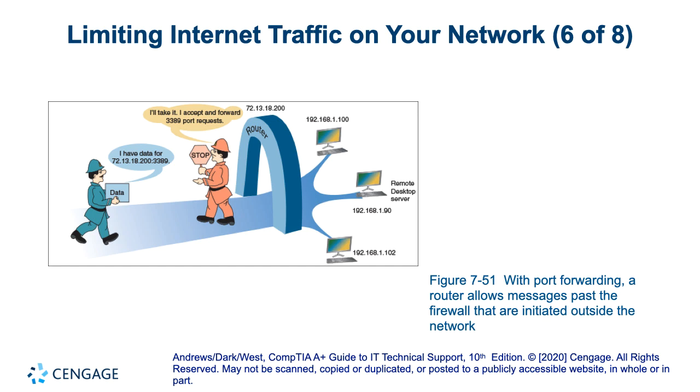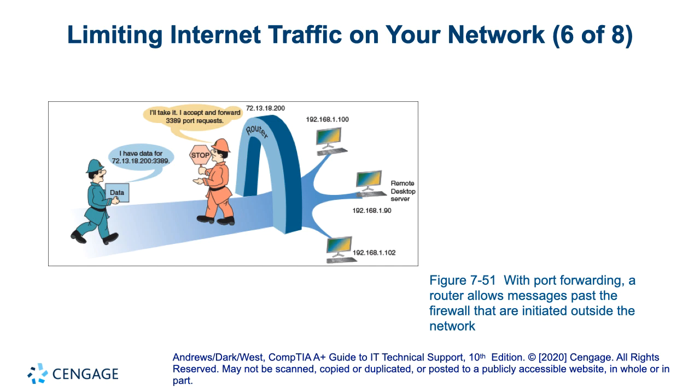In this picture, someone is accessing the remote desktop server at IP address 192.168.1.90. As the packet is coming into the router, which is located at 72.13.18.200, the packet is going to port 3389, which we said is Microsoft's Remote Desktop Protocol application port, registered to Microsoft for Remote Desktop Protocol.